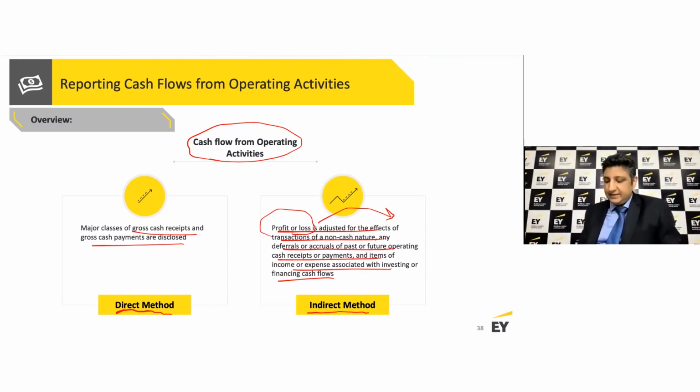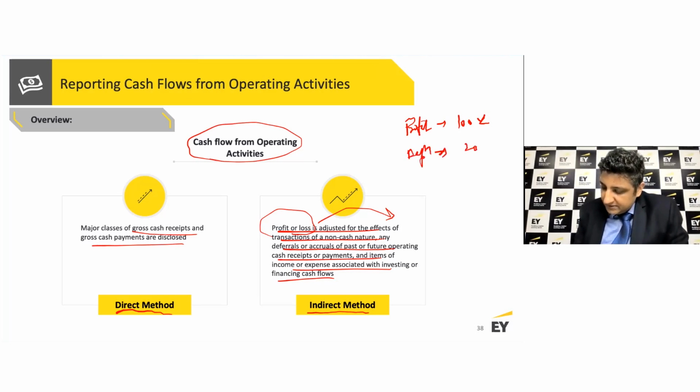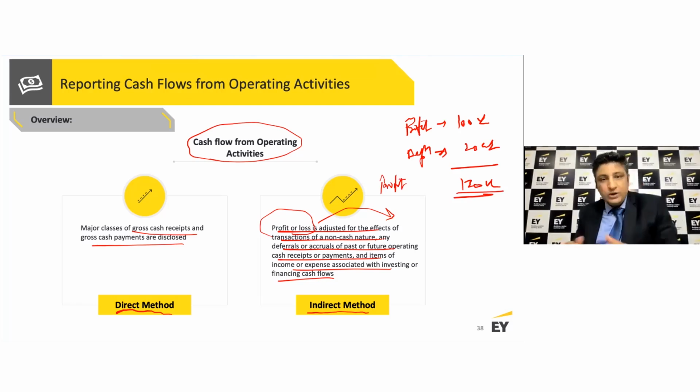Imagine it like this: if you have, let's say, a profit of, I'm just using a number, 100 crores in a business. But you also know that this company has charged depreciation of 20 crores. Essentially, you're talking about a profit excluding the impact of depreciation, which is 120 crores. This depreciation that reduces your profit does not impact the cash.